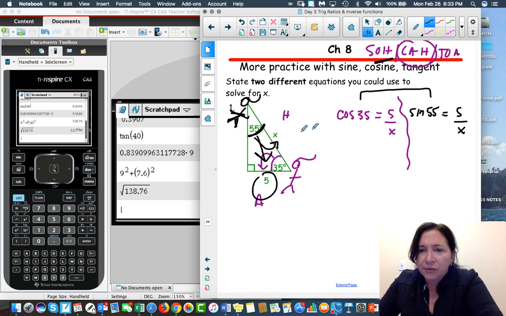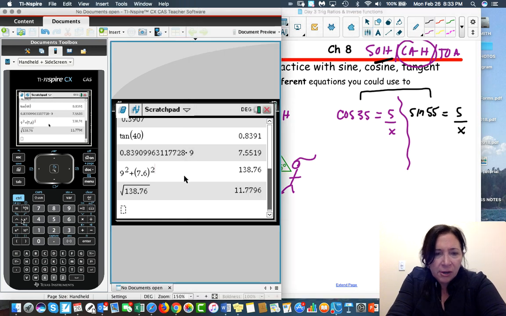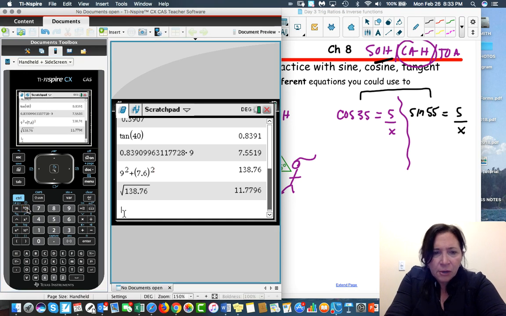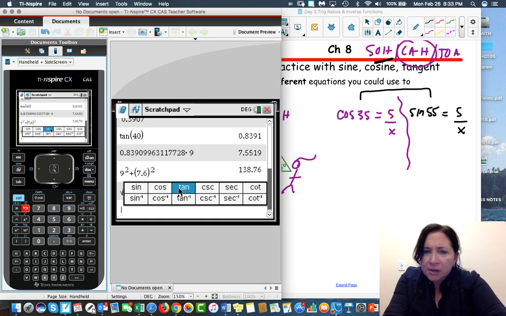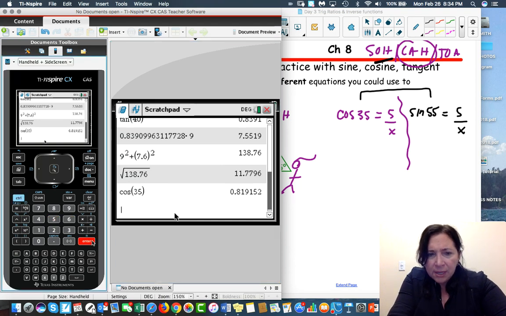I'm just going to use cosine. I need to find cosine of 35 degrees, so I'm going to use my calculator. I go to trig function, and I decided to use cosine, cosine of 35 degrees. Remember, you go control equals.